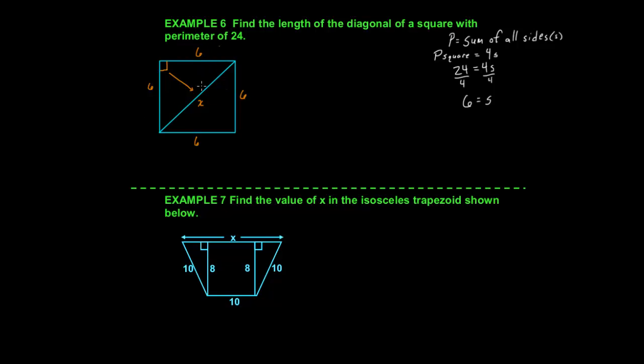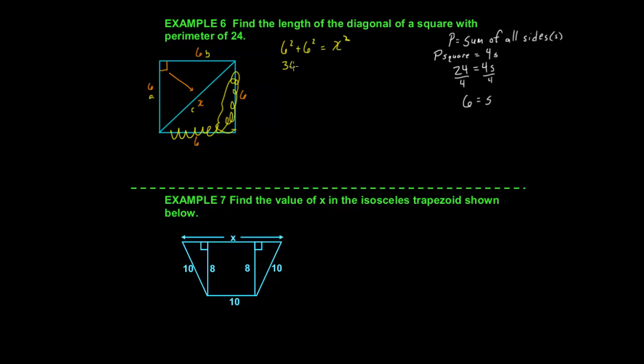So, let's use our Pythagorean Theorem. And we don't have to really focus on this part of it. Here's our triangle. Here's our A. Here's our B. And here's our C. Plug this in. 6 squared plus 6 squared equals x squared.